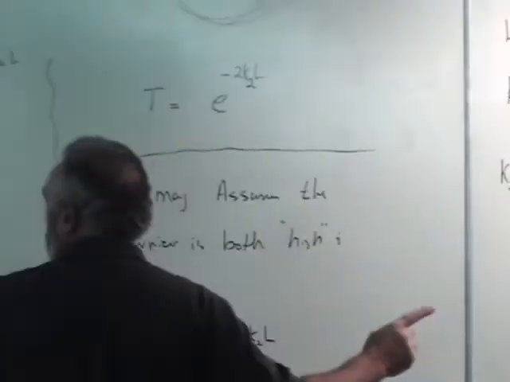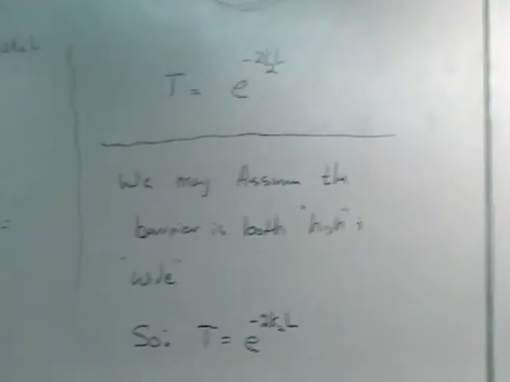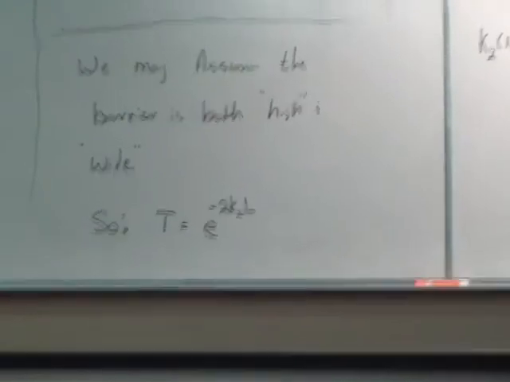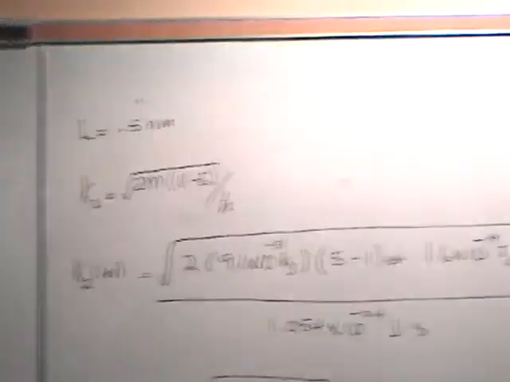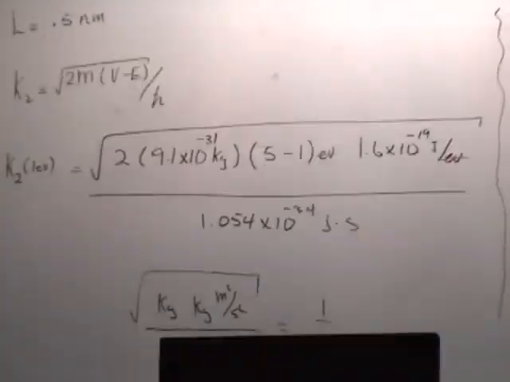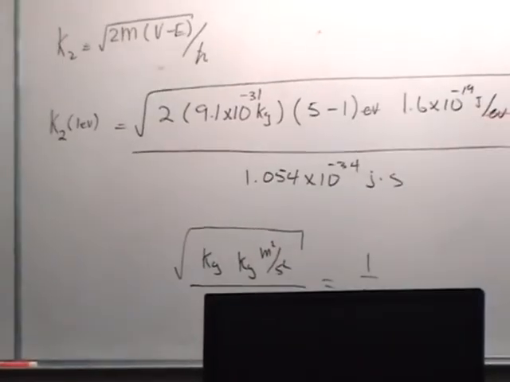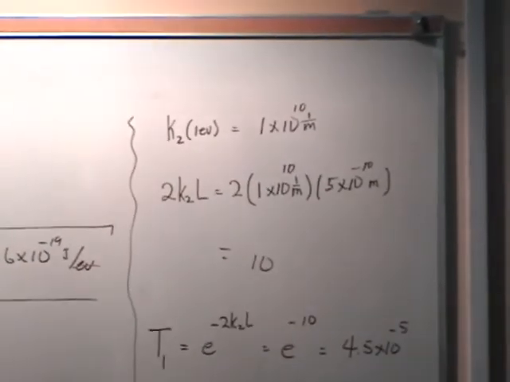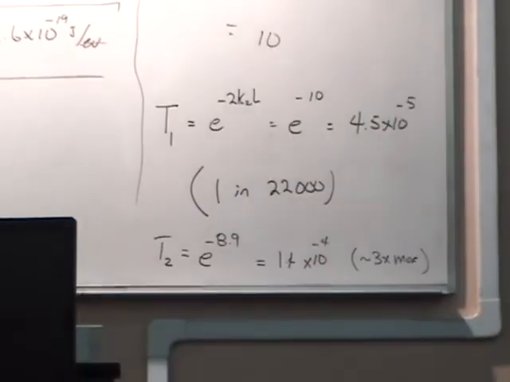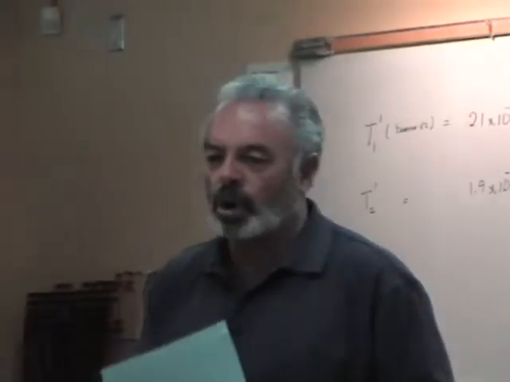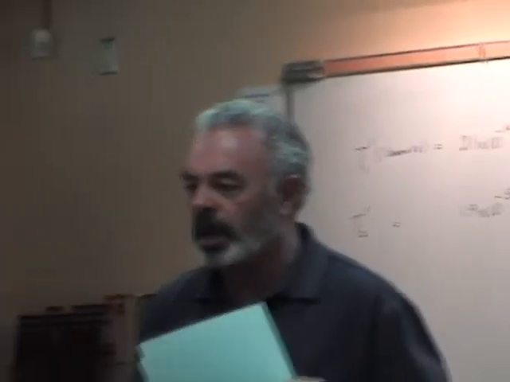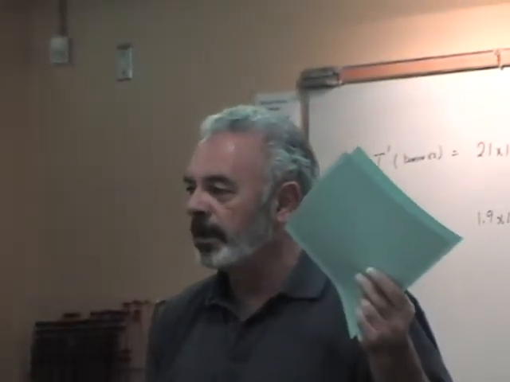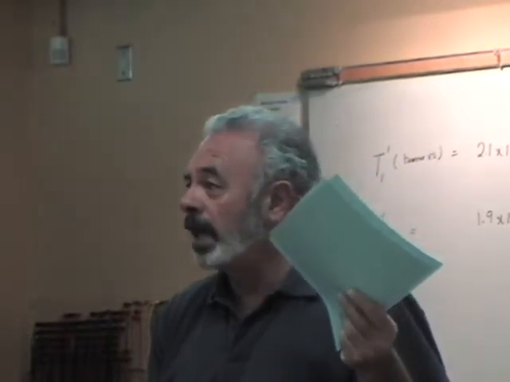But if the width of the barrier changes by a factor of 2, you can see that it is significantly less likely. You double the width of the barrier and your transmission probability drops dramatically. These kinds of particles striking these kinds of barriers are much more strongly affected by the width of the barrier than they are by the height of the barrier. That would be your final conclusion.